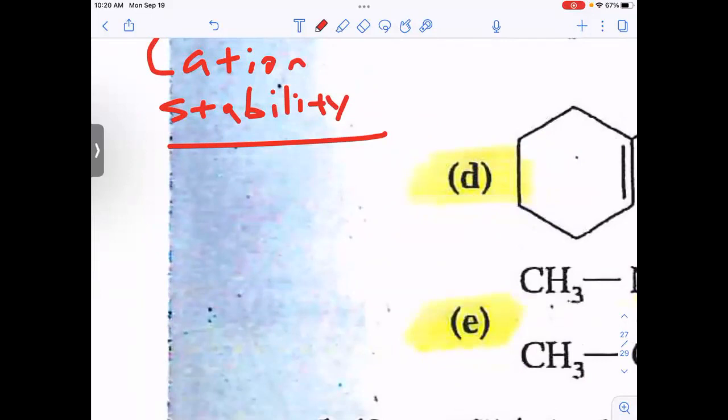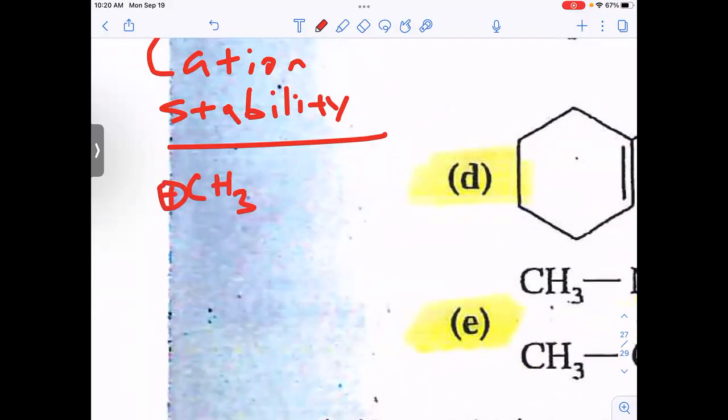So we have 4 types of cations that we're going to talk about. The first type is a methyl, right? The second is a primary. I'm just going to write it like this.